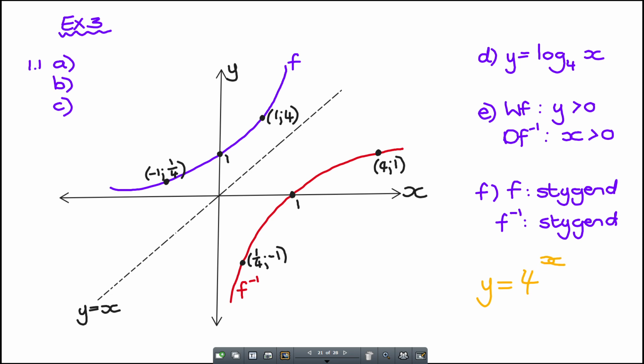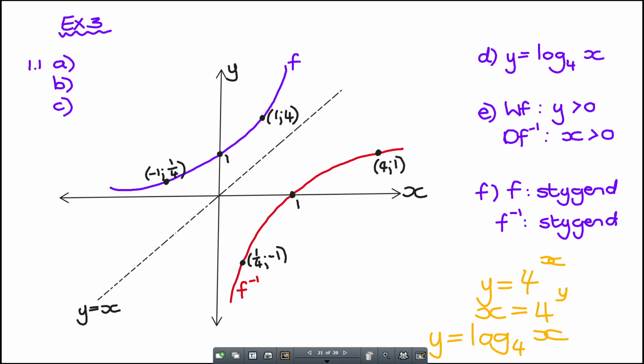Okay, so to get the inverse, I'm going to switch. So it would be x is equal to 4 to the power of y. And then that we write in log form. So it would be log x, that 4 moves down, and the y moves down. So that's what's written over here. You just can't see it behind the recording sign. Okay, so your answer is y is equal to log base 4 of x. Any questions there?